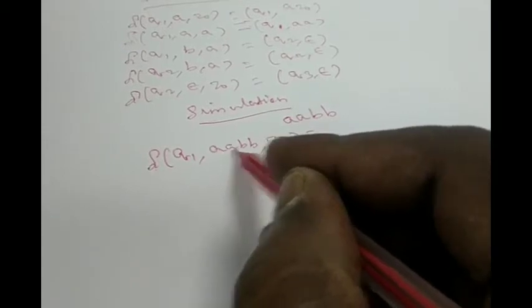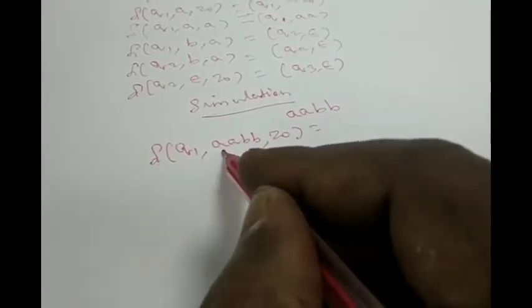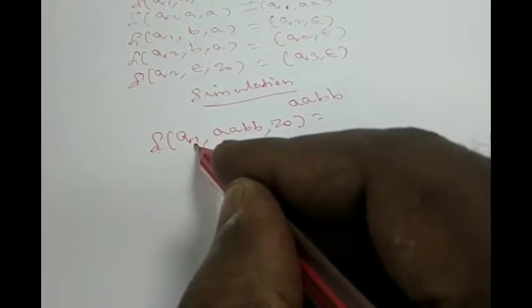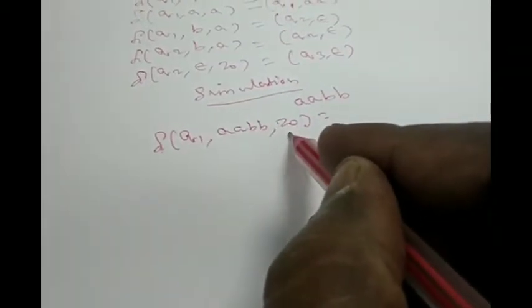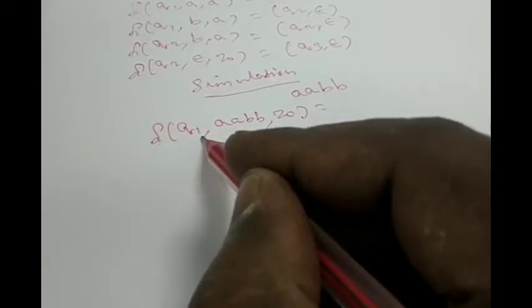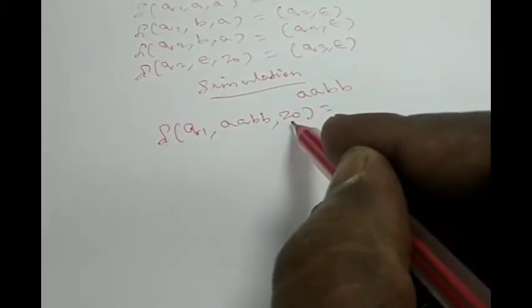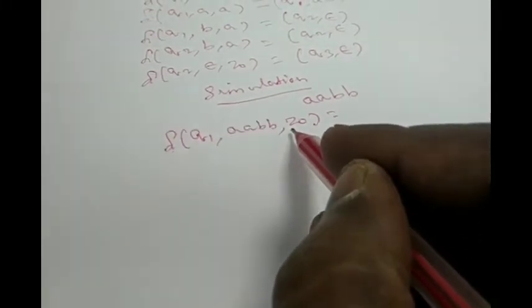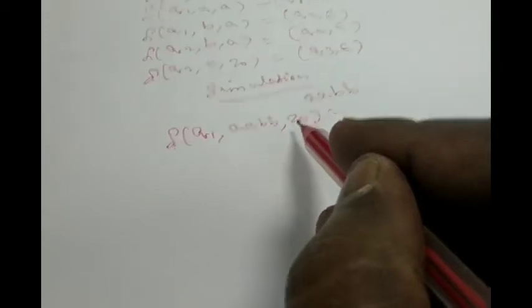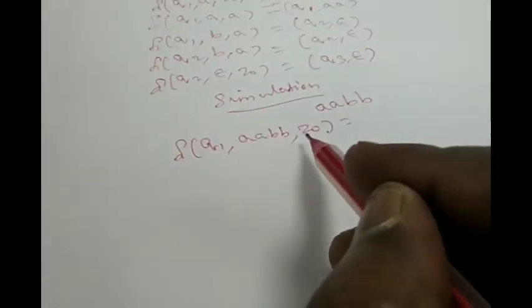You have to read the inputs from left to right. So the first input is A, the input state is Q1, and the topmost symbol is Z0. Now you just see whether any transition exists for these inputs.